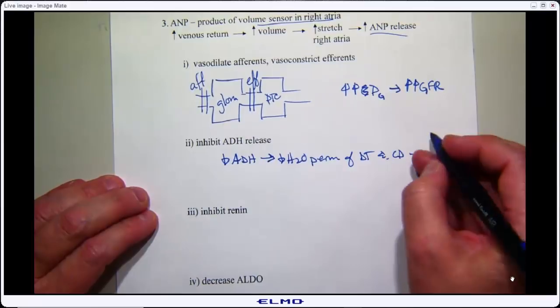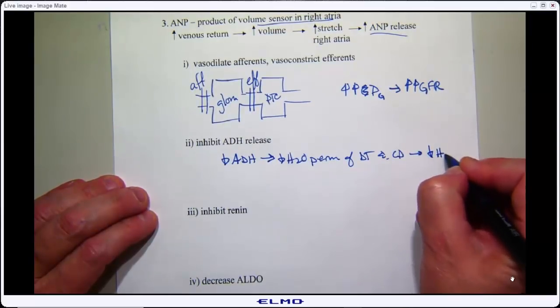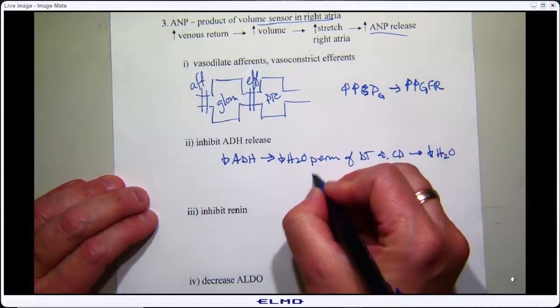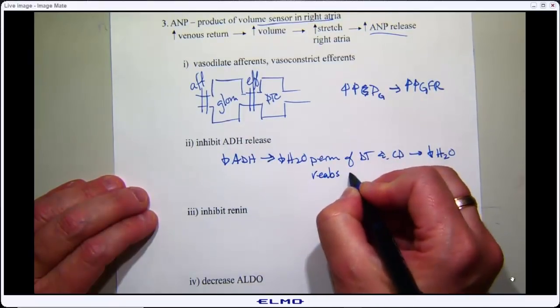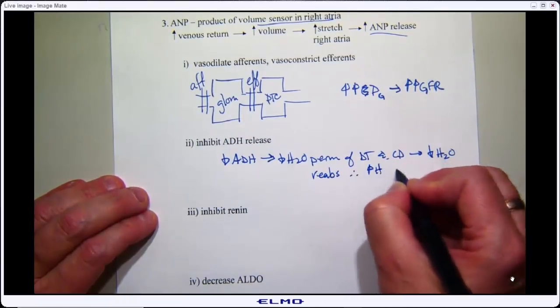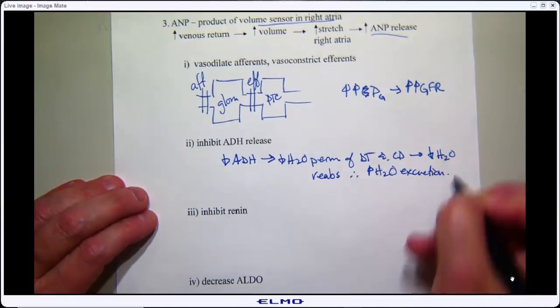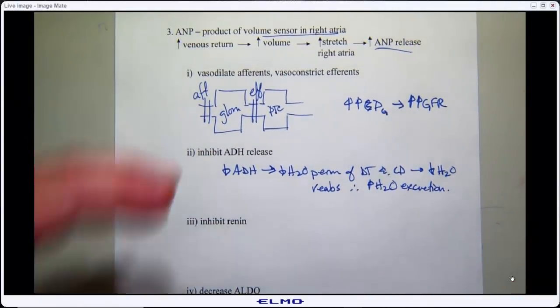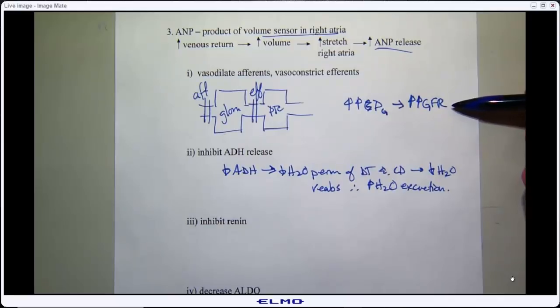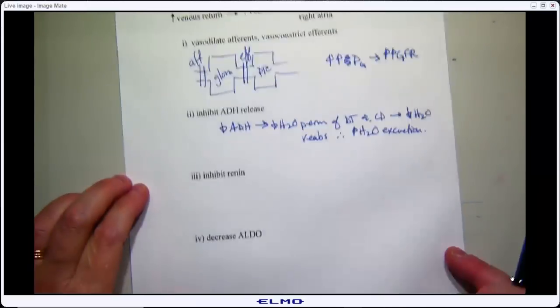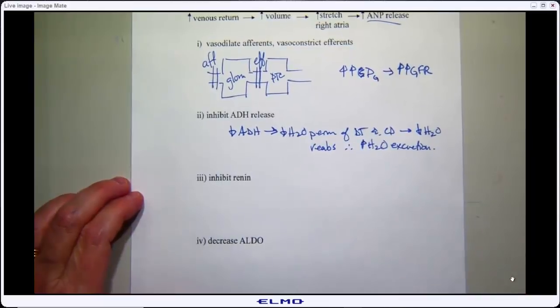That's going to decrease water reabsorption, therefore increase water excretion. Okay, so not only are we going to filter more, we're going to cause more to be excreted. So obviously you can see the primary goal of atrial natriuretic peptide.